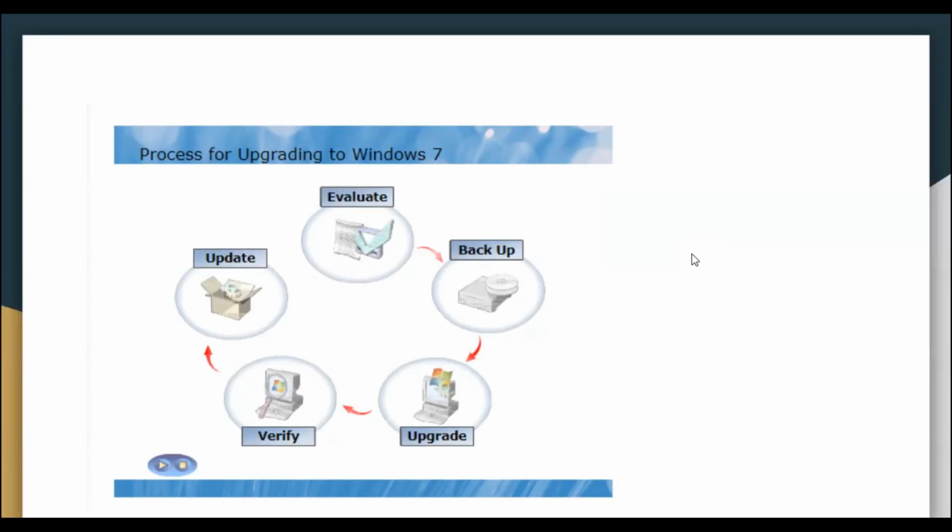First, take a data inventory. During an upgrade, data can move or get lost. So it's important to know where your data is stored, especially for programs that don't save their data to the user profile folder, such as the My Documents folder.